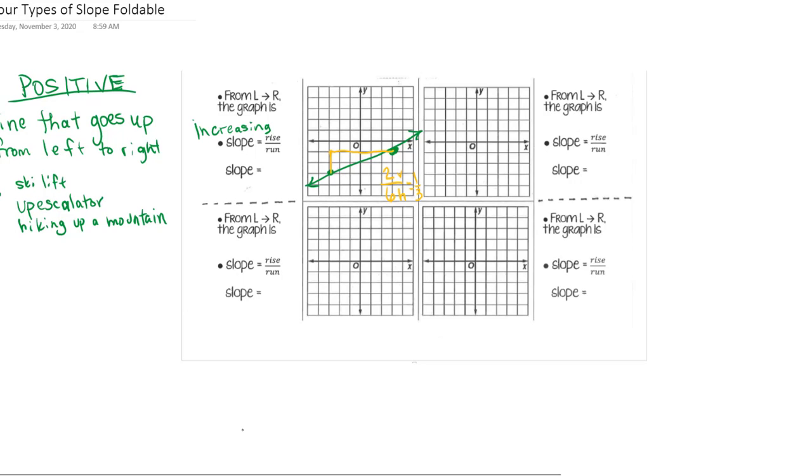Another way to do it is to take these ordered pairs. We had -3, -3, and then we had 3, -1. And we can do the slope formula. So I could say -3 minus -1 for my y's, and then -3 minus a +3 for my x's. So we go in order.